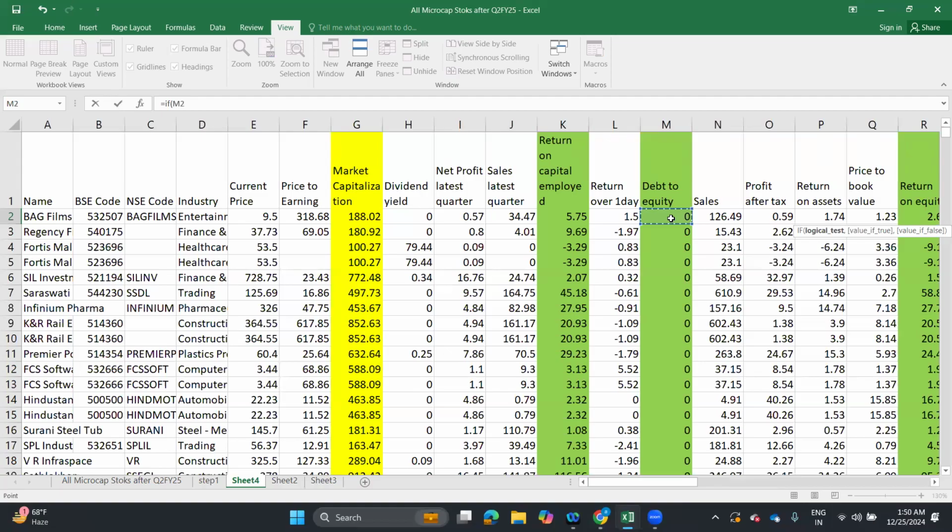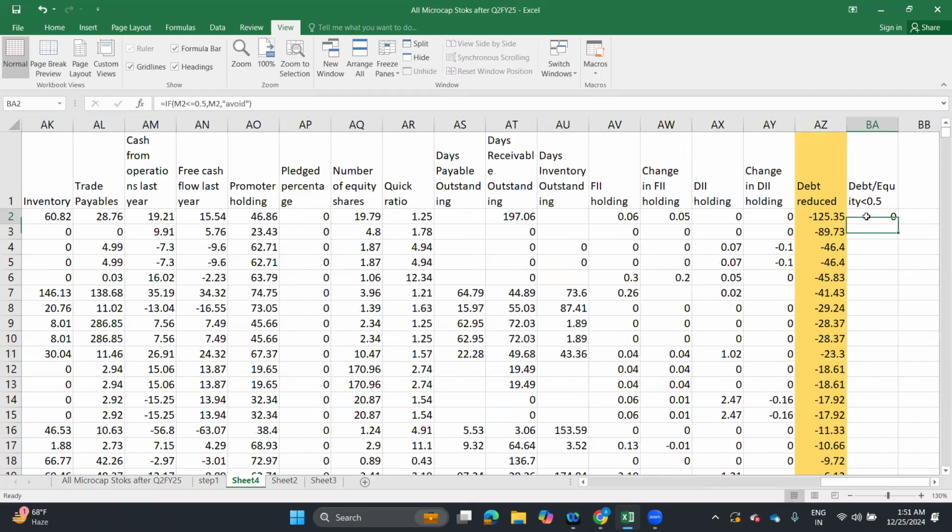If this value is less than or equal to 0.5, then what will happen? Then it will show this one, this particular cell, means value of this particular cell, or if criteria doesn't match, then it will show avoid. Right? So this is the formula.